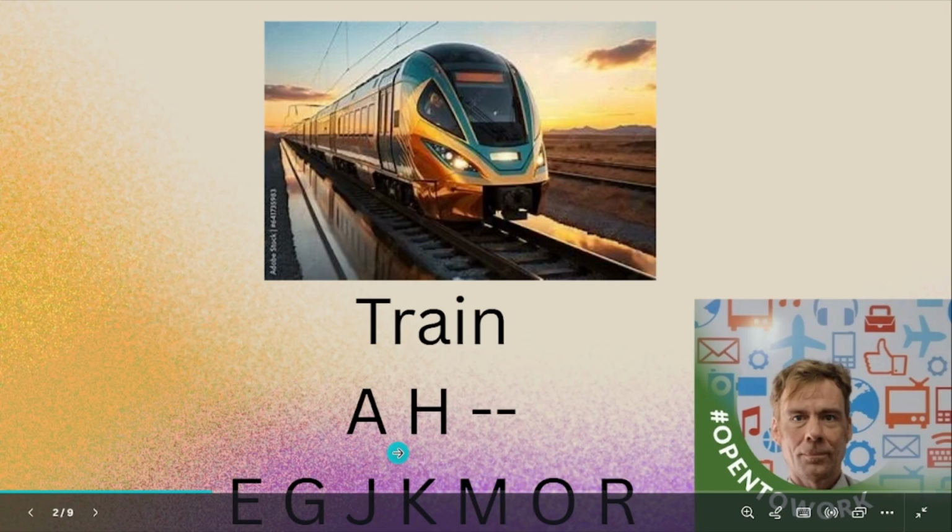Another is H, train. And there are two more. Look at the letters in the bottom here and see if you can guess what the other two letters are that are pronounced with the train sound.